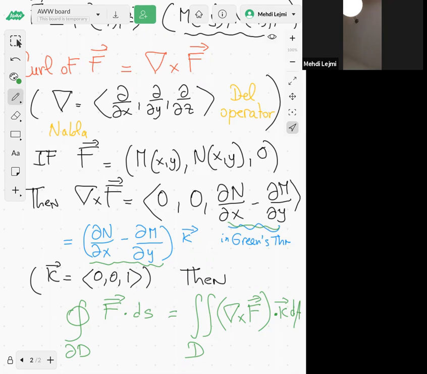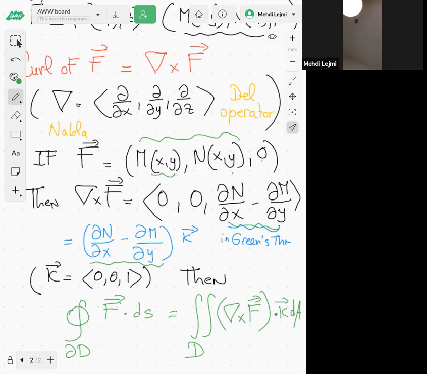Okay, so the question, guys, is what about the curl of f, with vector field f in space? The vector field f in Green's theorem is just a vector field in the plane. It has only two components; the third component is 0.